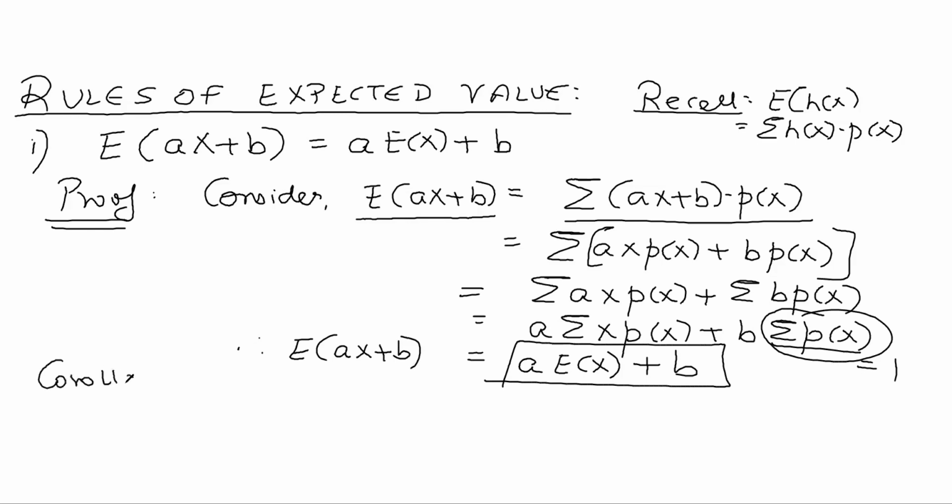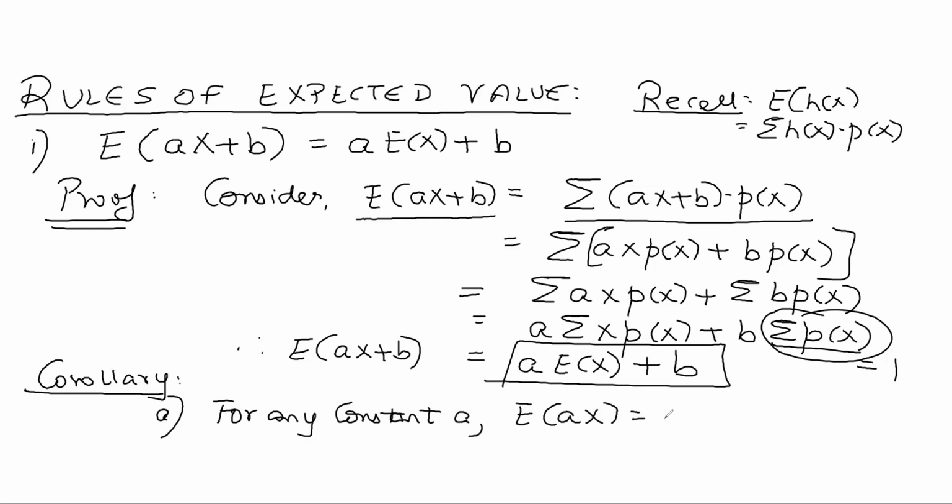Corollary for us to understand. First point, for any constant a, expected value of ax is equal to a times expected value of x, and for any constant b, expected value of x plus b is equal to expected value of x plus b.